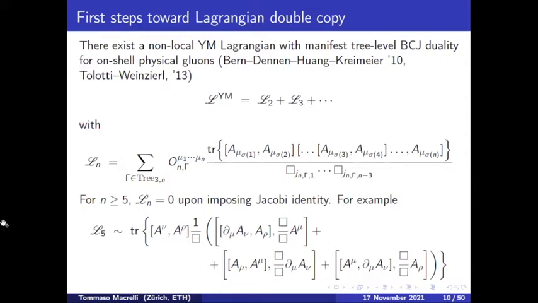For example, this is the quintic term of this Tolotti and Weinzierl action. You can see that when you enforce the Jacobi identity, the expression inside this big round bracket actually vanishes.